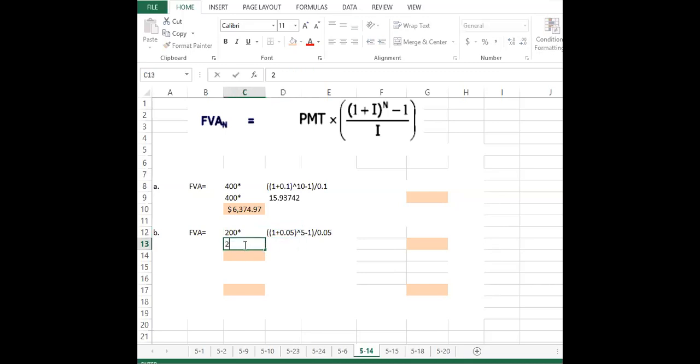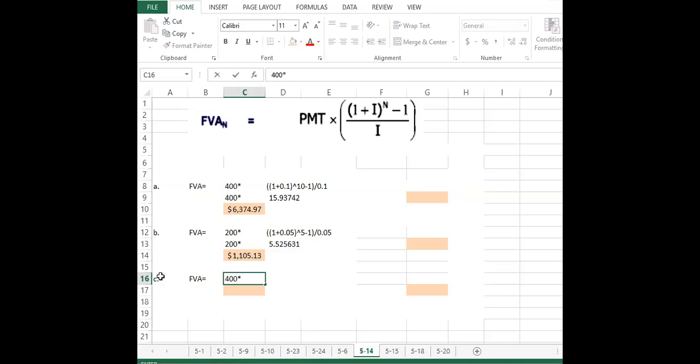So 200 is the payment and the factor is 5.525, and then the last step, just multiply payment with factor. So the amount is $1,105.